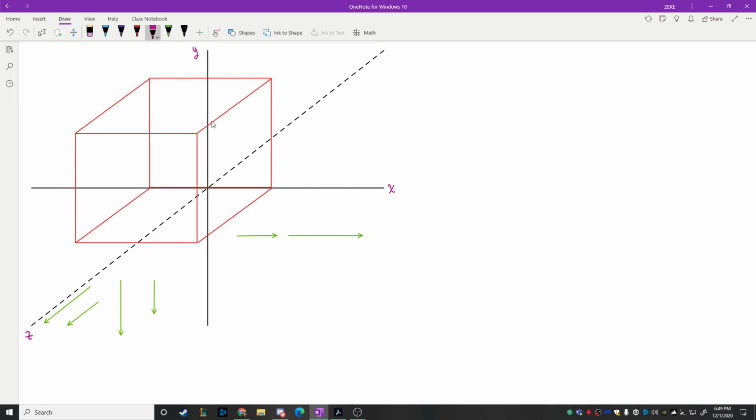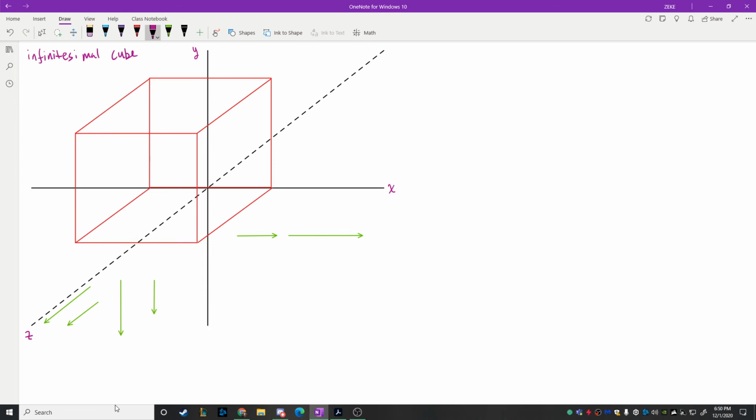For now, just ignore these green lines here. I drew them in advance so that I could have things nicely lined up when we start putting them on the picture. We're going to say that we have an infinitesimal cube. This whole thing is infinitesimal in size, which means that the dimensions are dx by dy by dz.